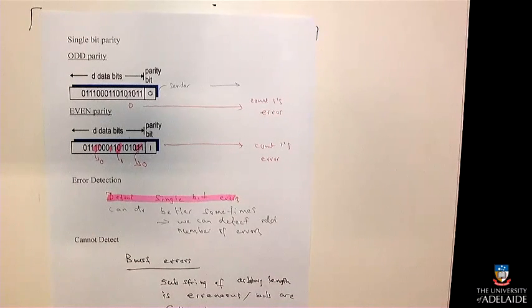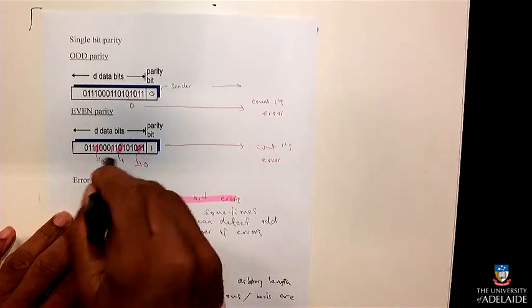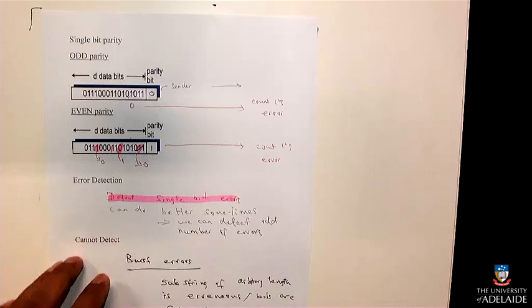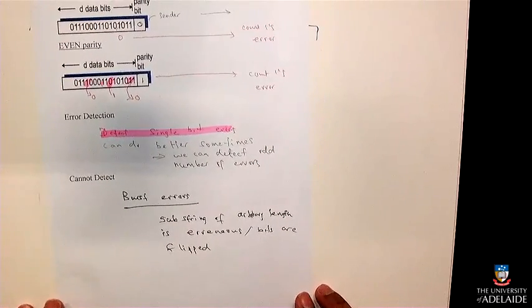So what happens in reality is you don't just get an odd number of errors or even number of errors or single bit errors, right? What you get is a whole bunch of arbitrary length bits just being noisy, right? Being flipped.